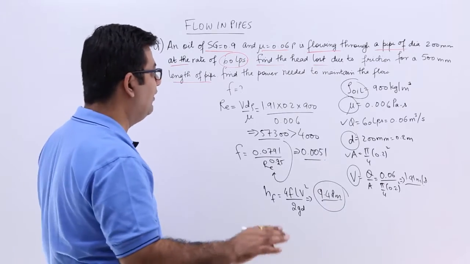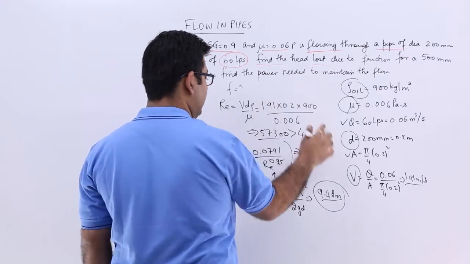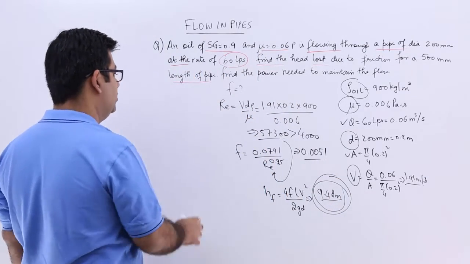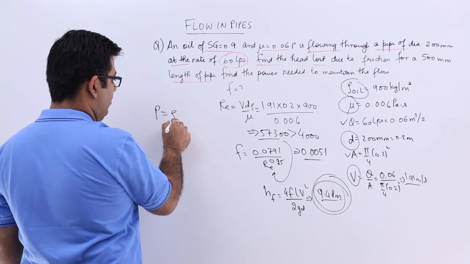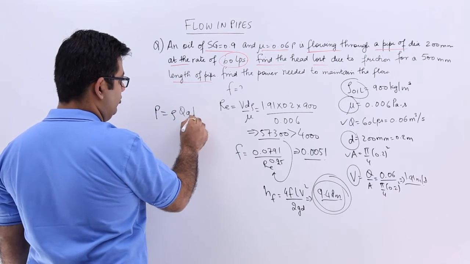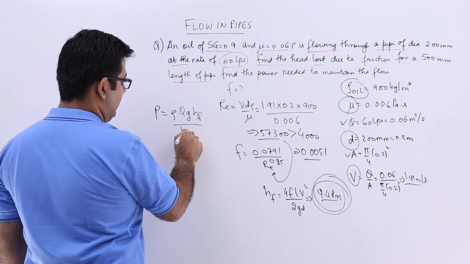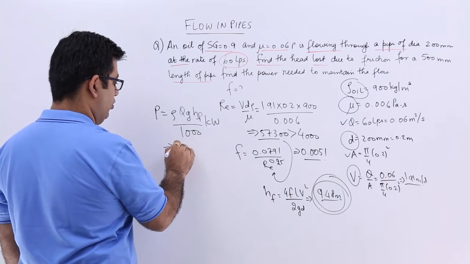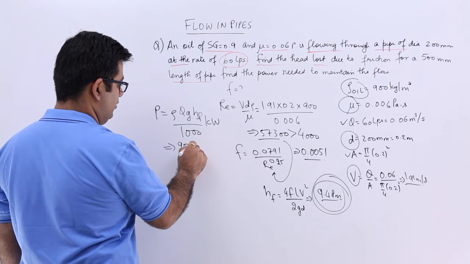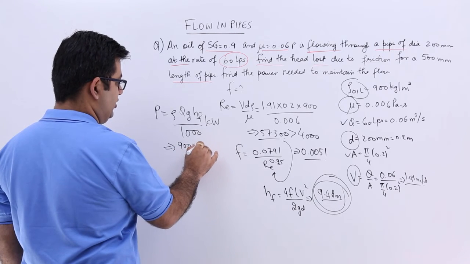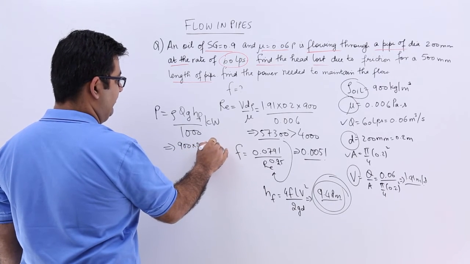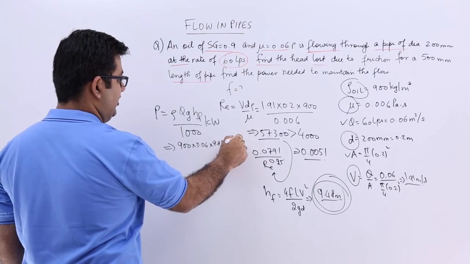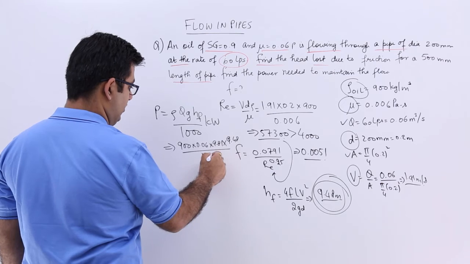So how much power do we need to maintain the flow? That is, we have to overcome this frictional head loss. That power would be rho Q g Hf upon 1000, and that would be in kilowatts. So rho is 900, Q is 0.06, gravity we all know, Hf is 9.48, upon 1000.